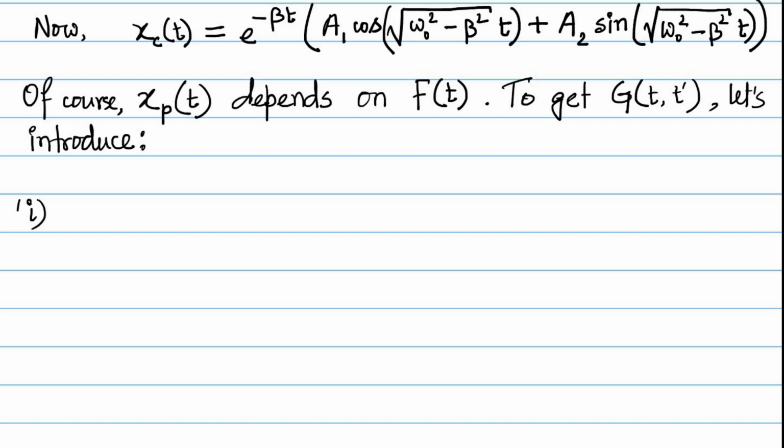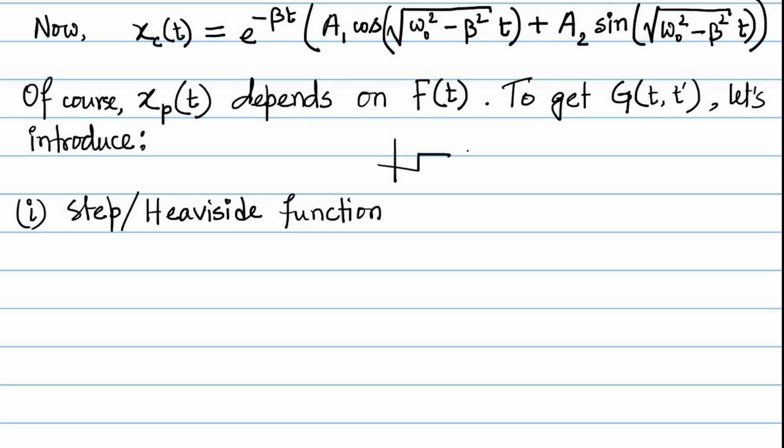The first function is called the step function, or this is also called the Heaviside function. And the reason is simple. Well, Heaviside is probably the first user of this function, probably not, I'm not sure about the history, but it's called the step function because it literally looks like a step, right, like this.